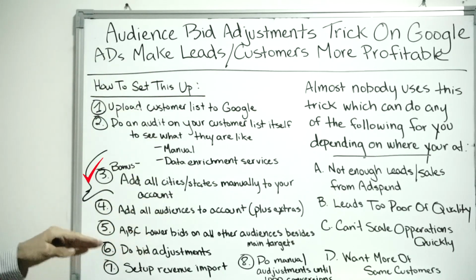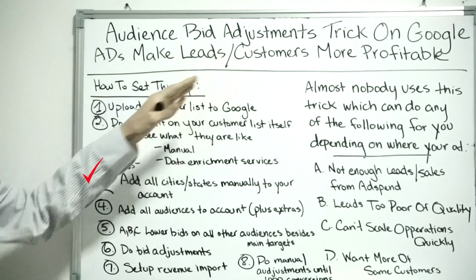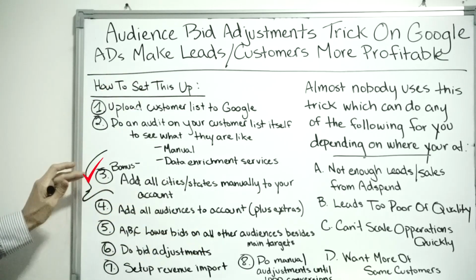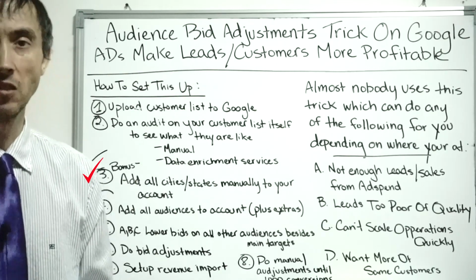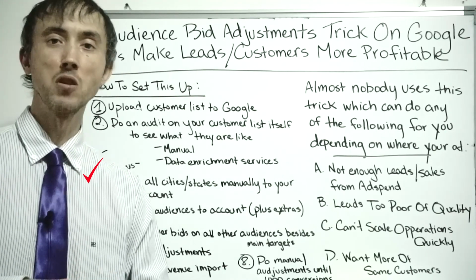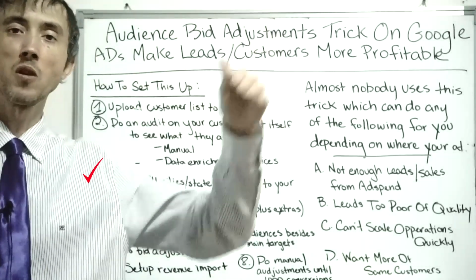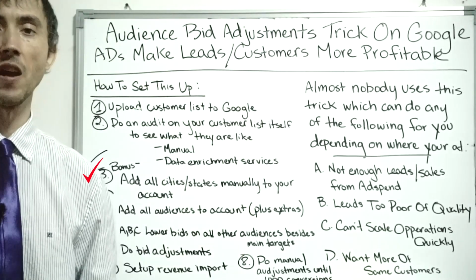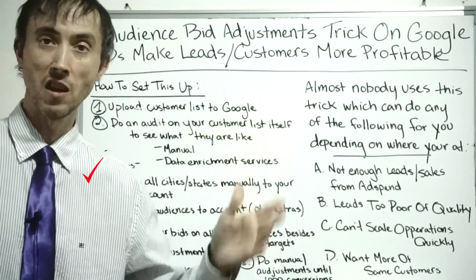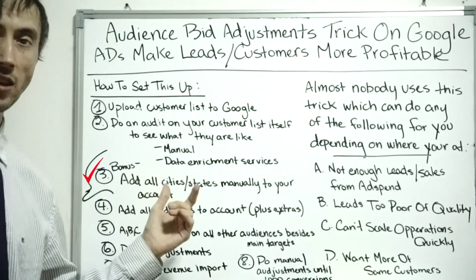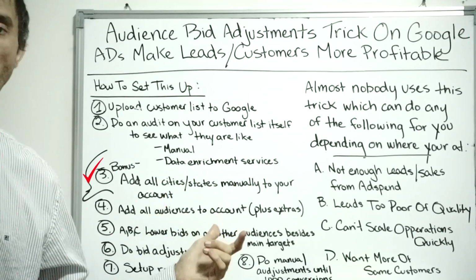Well, I won't say the audience bid adjustments have a bigger impact than the location bid adjustments, but it's significant. Most of you, in most markets, you're going to find there's certain states where you do 2, 3, 4 times better as a whole than other states, because there are trends there, and for you not to capitalize on those trends, you're just throwing money away, basically.